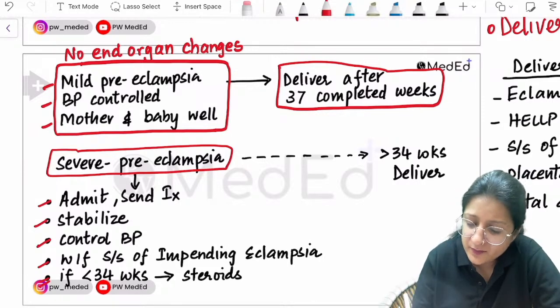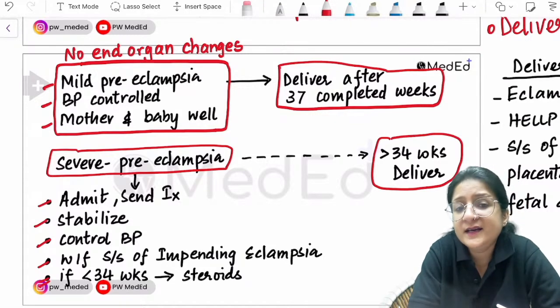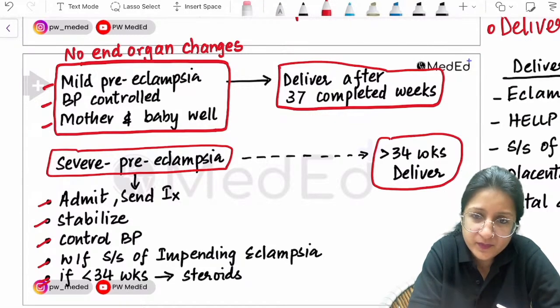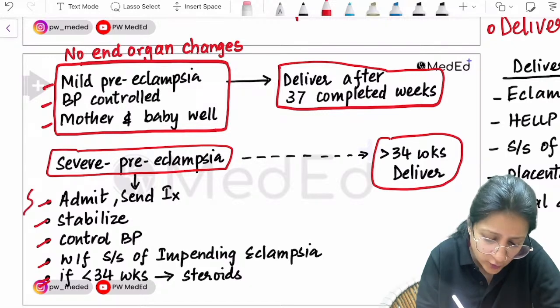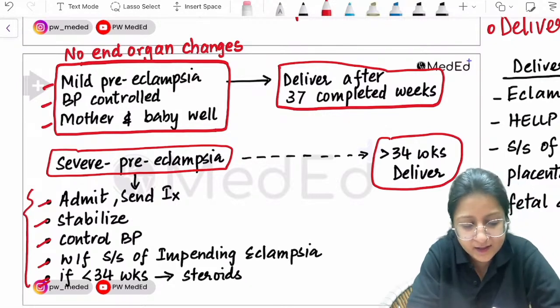If a woman with severe preeclampsia is already 34 weeks or more, then we are going to deliver the patient. But we are also going to put in all these measures in place.